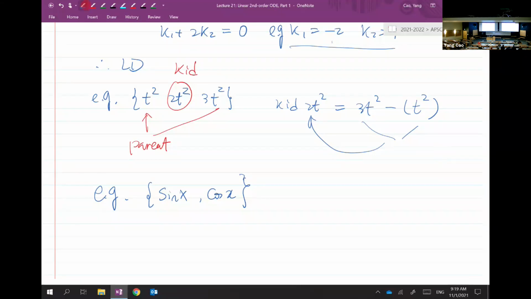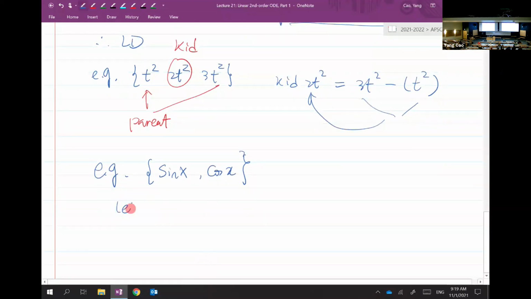This might not be as straightforward as the other example, but you can certainly use the same approach. So we set up this equation and let the expression be 0.